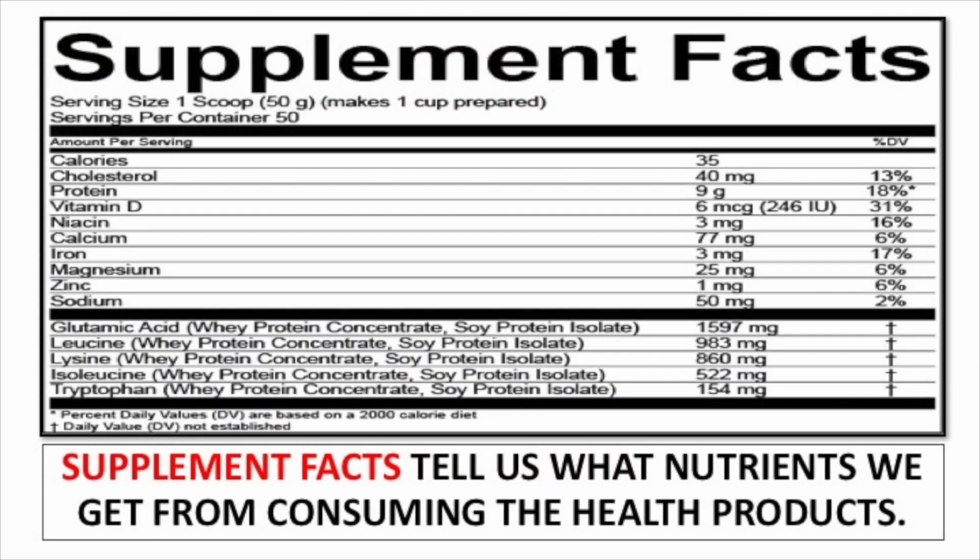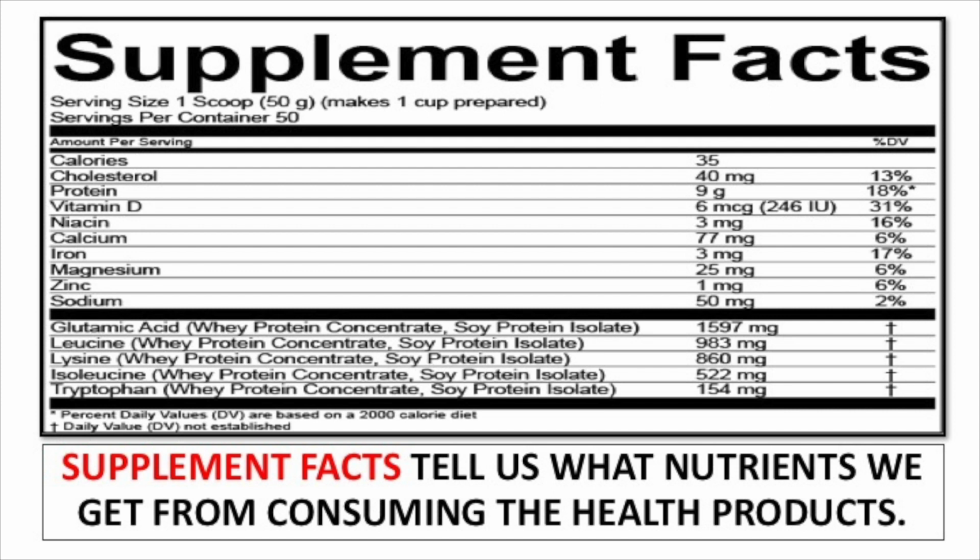Supplement facts tell us what nutrients we get from consuming the health product. And you see here the different types of nutrients. Calories. How many calories do we get from this product? 35.